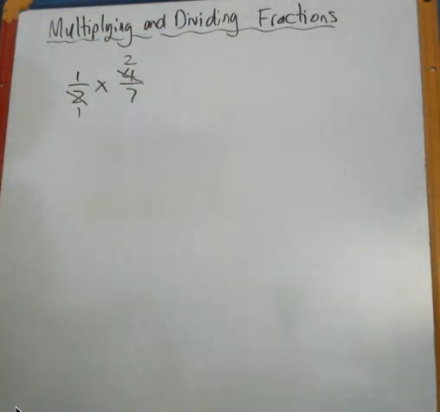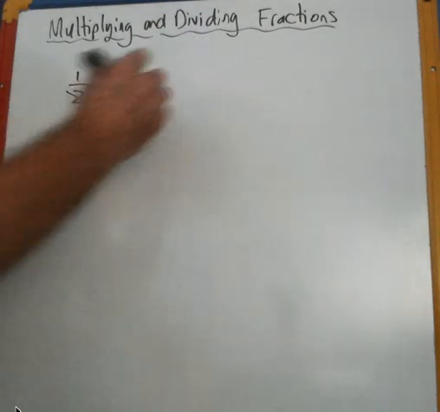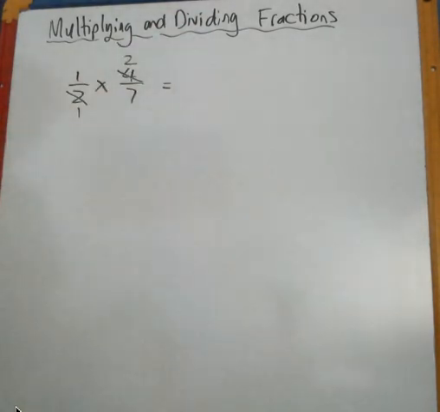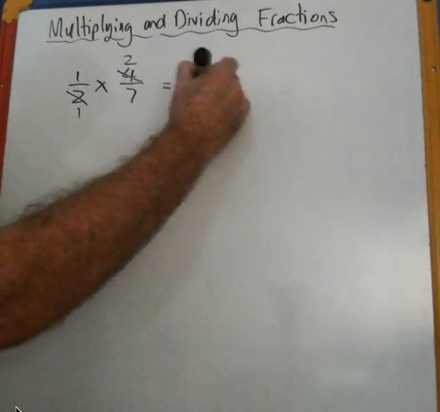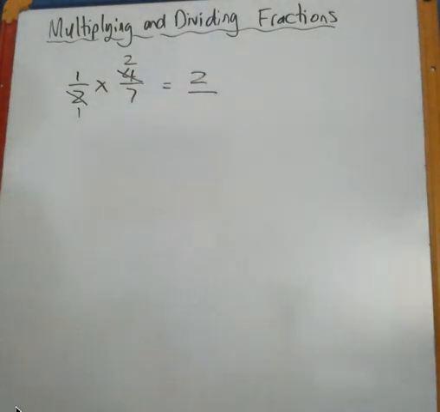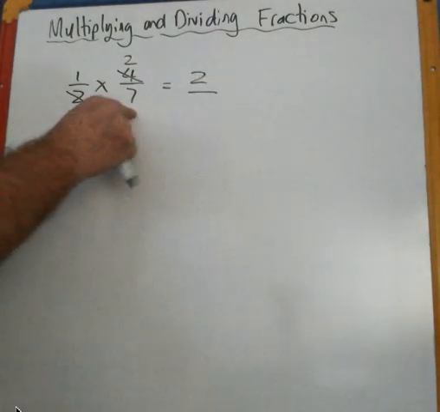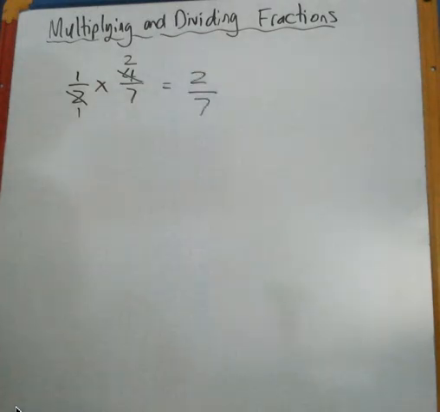Once I'm happy that I've cancelled it down as much as I can, then I can go on and find the answer. To find the answer, you literally multiply the top two numbers together, so 1 times 2 is 2, and then multiply the bottom two numbers together. 1 times 7 is 7.